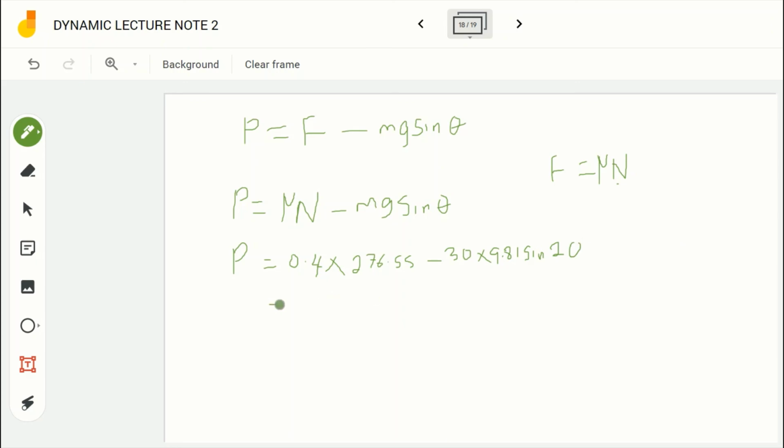So 0.4 times 276.55 will give us 110.62, minus 30 times 9.81 sine 20 will give us 100.66. So our final answer is 9.96 Newton.